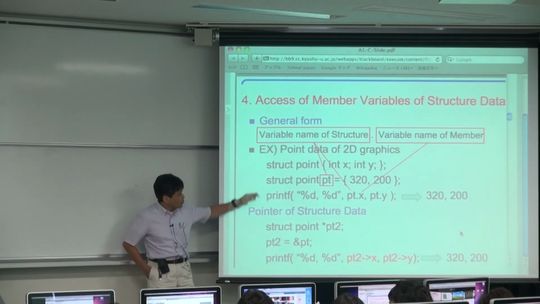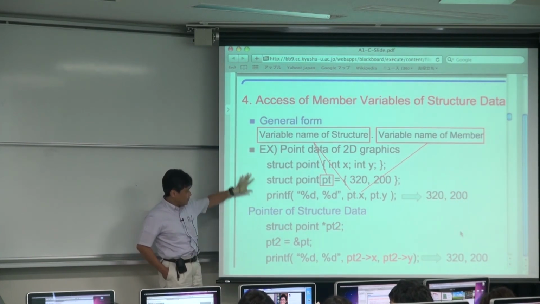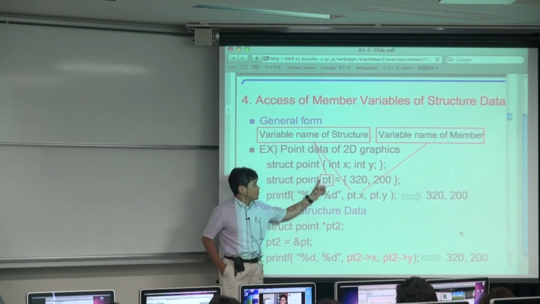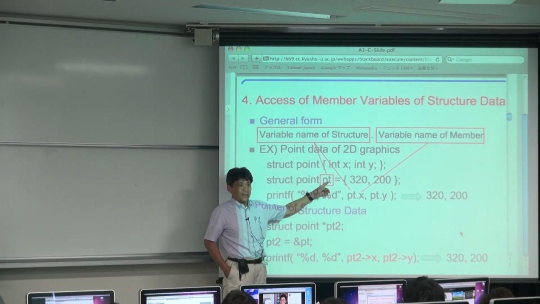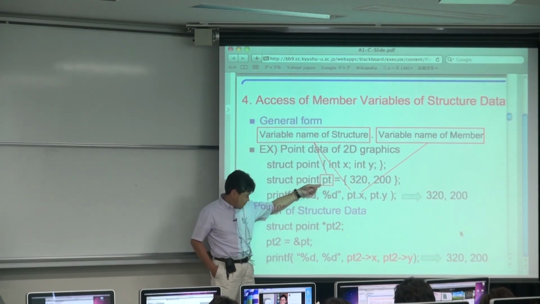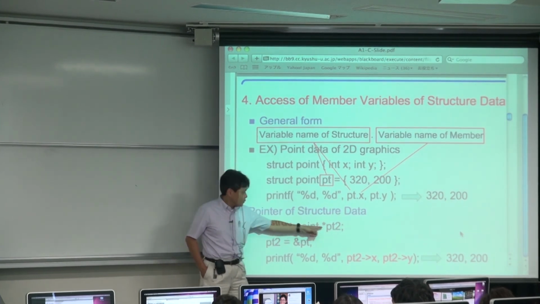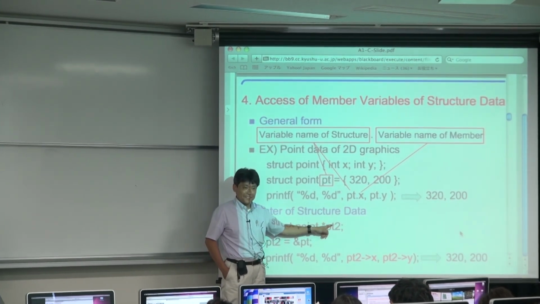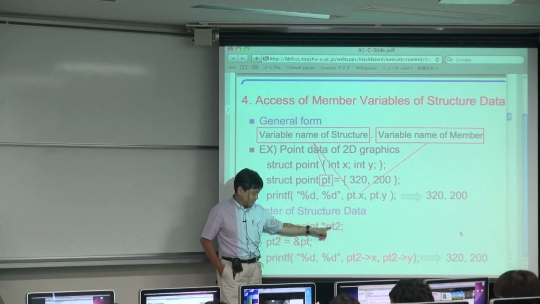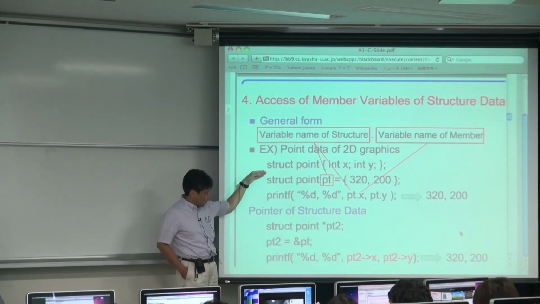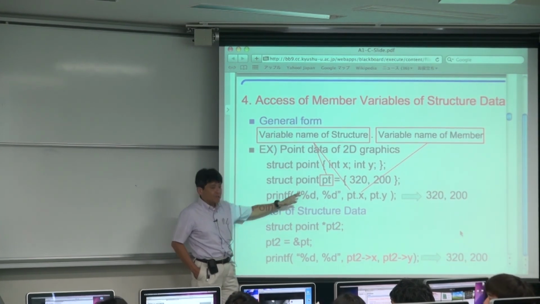Okay? So in this case, pointer PT is not a pointer data type. This is an instance itself. And PT2 is a pointer type variable. So PT2 and PT are different.